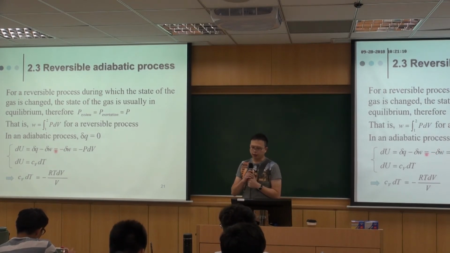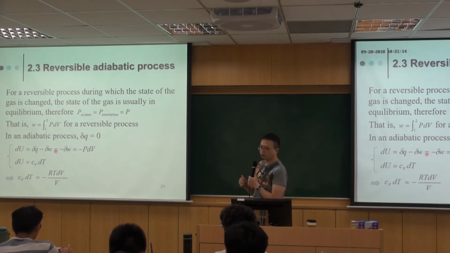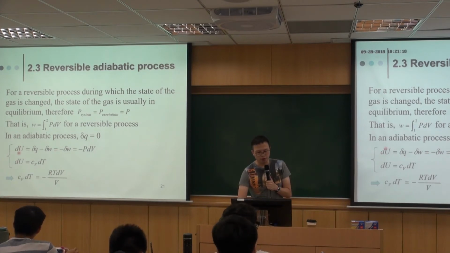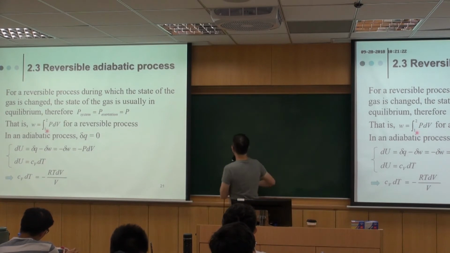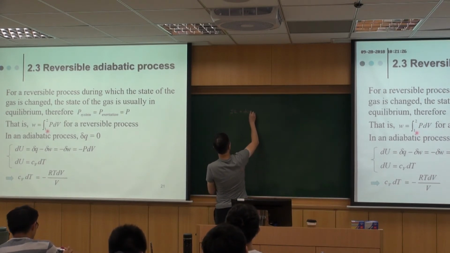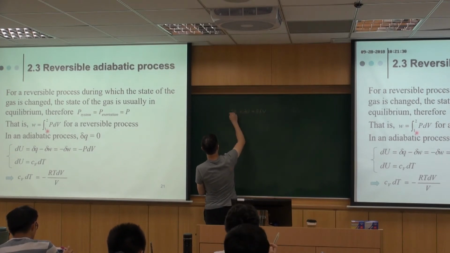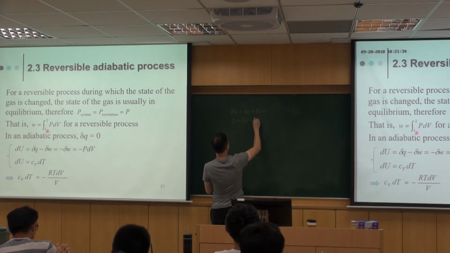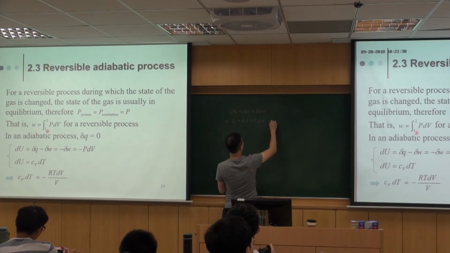So in that sense, we still use the PDV as our expression for the change of work. Therefore, dU is minus PDV. So again, please do remember the first law, typically like this, and if it's an adiabatic process, it is pretty straightforward. Therefore, this is for adiabatic.